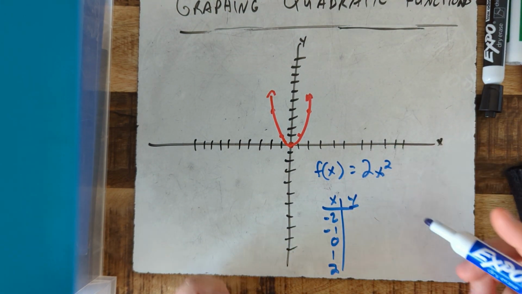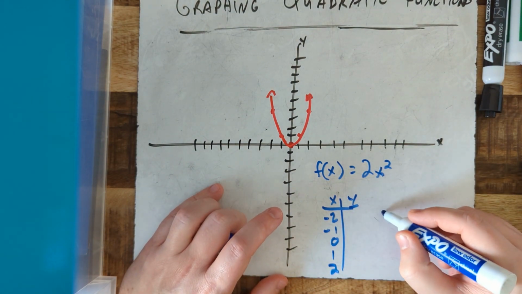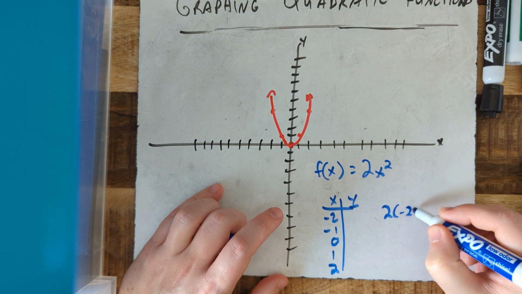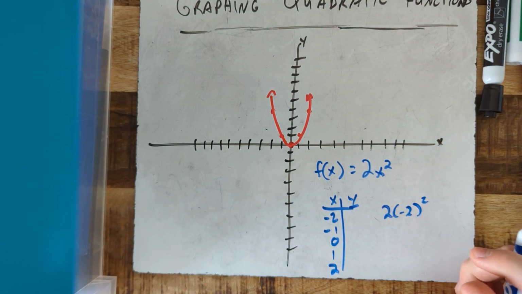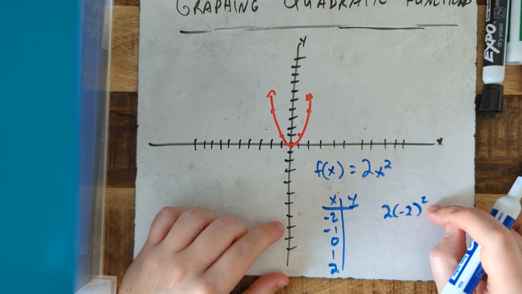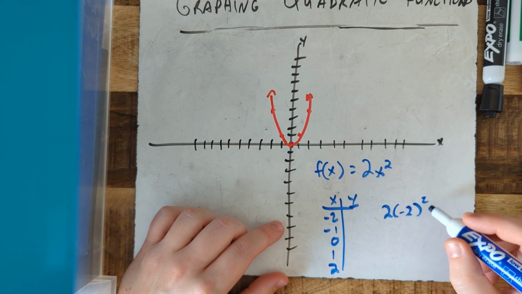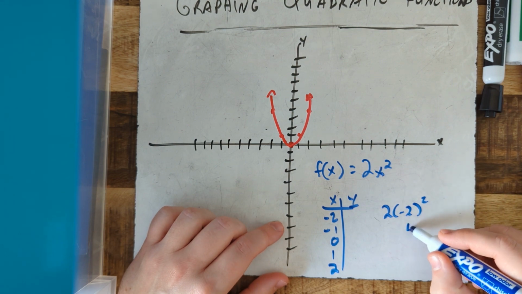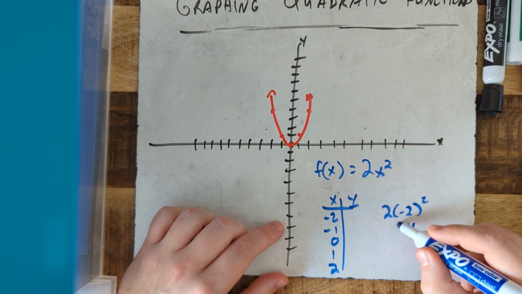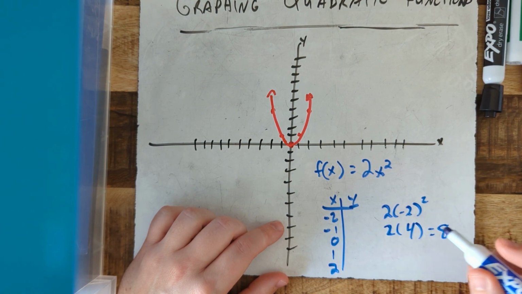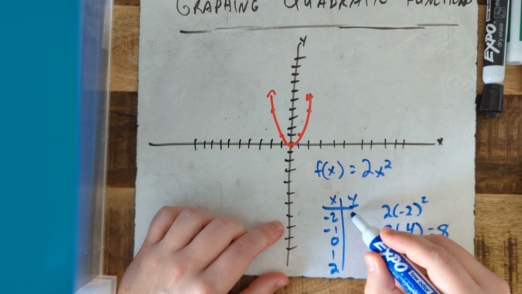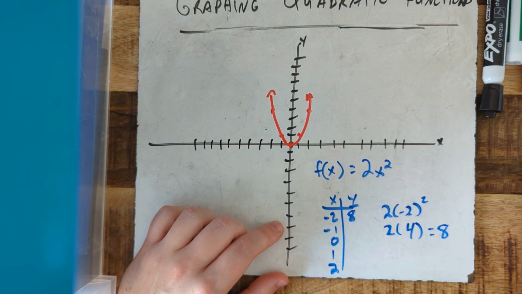In this case, we have -2, so 2 times -2 squared. We do -2 squared first to get 4, then we bring down our 2 in front, and 2 times 4 equals 8. So when x is -2, our y is 8.